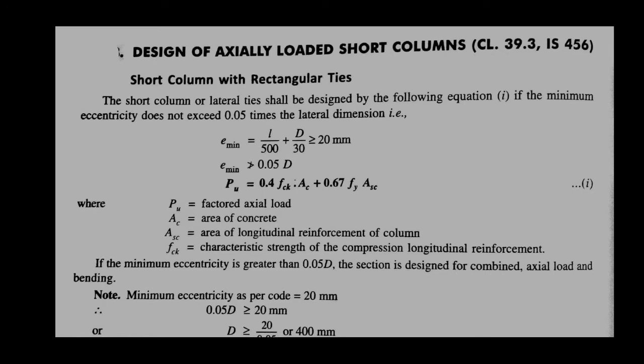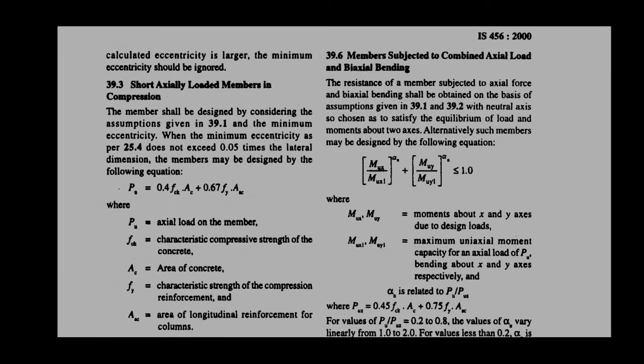After that, we will get back to this page and see this formulation, which is made on the basis of IS code assumptions. Okay. Let's check out IS 456-2000. Clause number 39.3 of IS 456-2000 for short axially loaded members in compression. That means axially loaded short column.